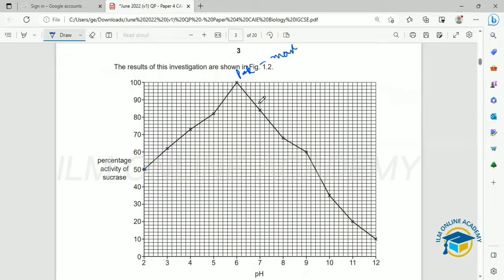Okay, and then when the pH increases even more, the activity decreases, right? So the activity of the sucrase enzyme increases as the pH goes from pH 2 to 6, and it is maximum at pH 6, and then it decreases from 6 onwards to 12, and at 12 the activity of the enzyme is minimum.